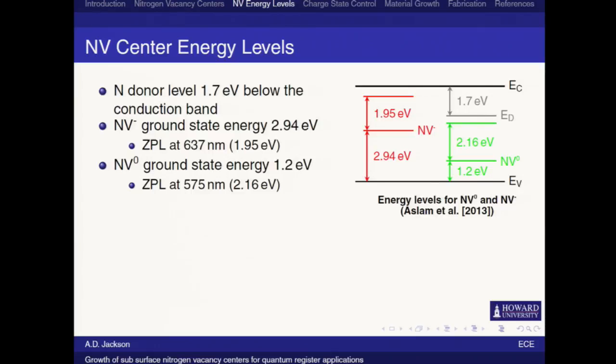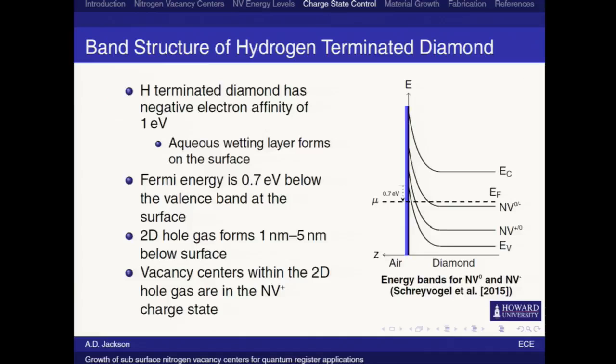And that is done with using the hydrogen termination as part of it. So the hydrogen terminated diamond has negative electron affinity. Moisture from the air is attracted to the surface, and then the electrons at the surface of the diamond are trapped at the interface between the water and the diamond.